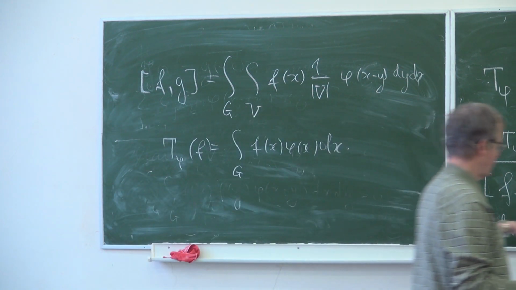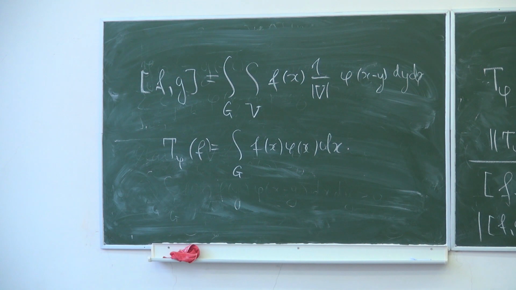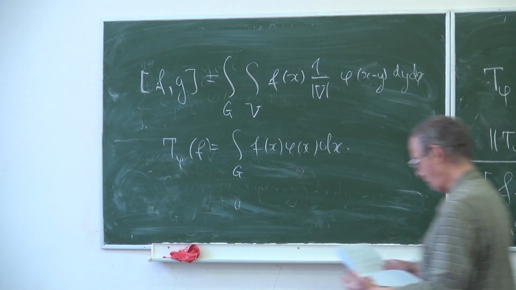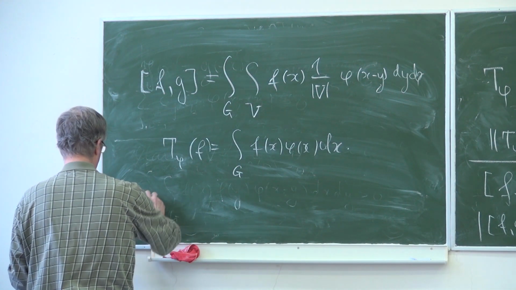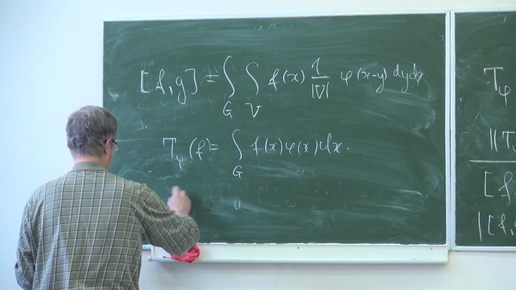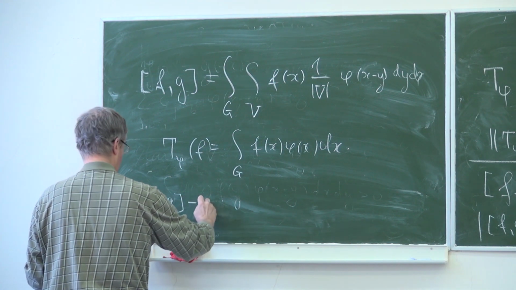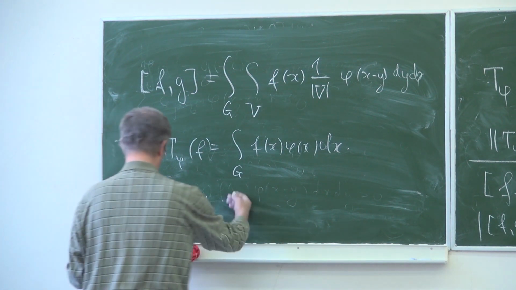And after that, what do we have here? Here we have something very close to 1, because what is that?